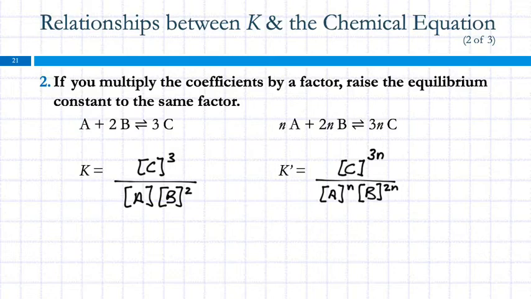A few seconds ago, you said it's the same as multiplying the equilibrium constant by that number? It's raising the equilibrium constant to the same factor. So K prime here is equal to K to the n power.